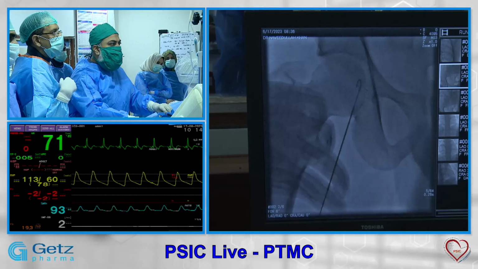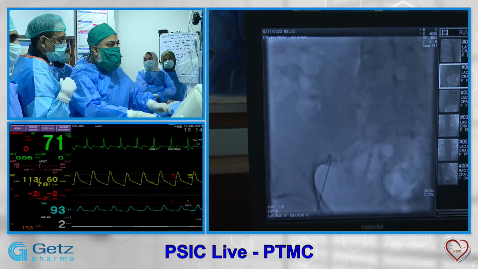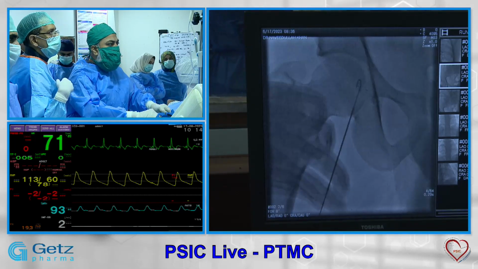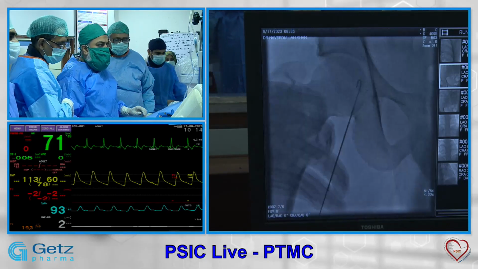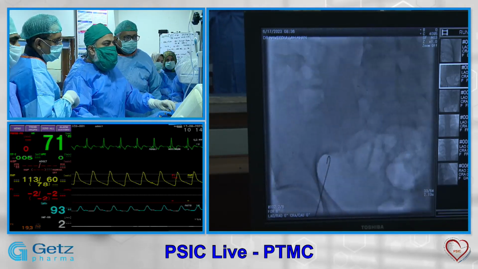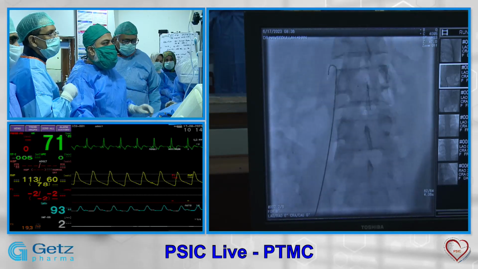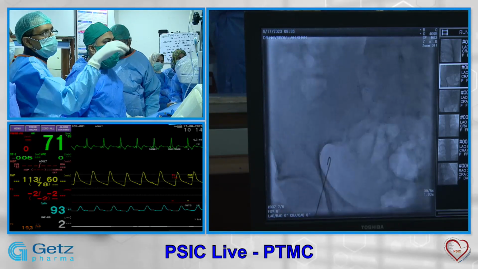We make sure of the position of the pigtail by pushing it down, rotating it and pushing it down. You want to go to the lowest portion of the aorta. So the pigtail is resting on the left cusp and your Mullins sheath is resting in the SVC.